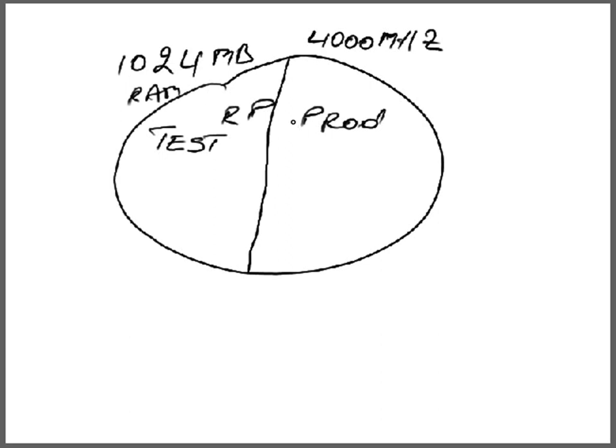Now what we've done here is we've carved up the resource pool into two. So we're giving equal amounts to the production environment and to the test environment. And here you will have virtual machines under the production environment, and you will have test machines under the test environment, and they will share those resources on a 50-50 basis.